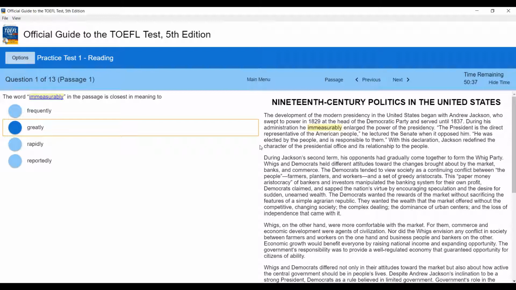If it is an easier question, perhaps a detail question or a vocabulary question, you want to allocate some of that time by going faster, so perhaps taking 45 seconds or a minute. That would mean you have 30 to 45 seconds left over that you can give to a harder question. If something is very hard, like a long paragraph and it's an inference question or a rhetorical purpose question, you may want to spend a little more time on the harder questions and less time on the easier questions. Okay, next.